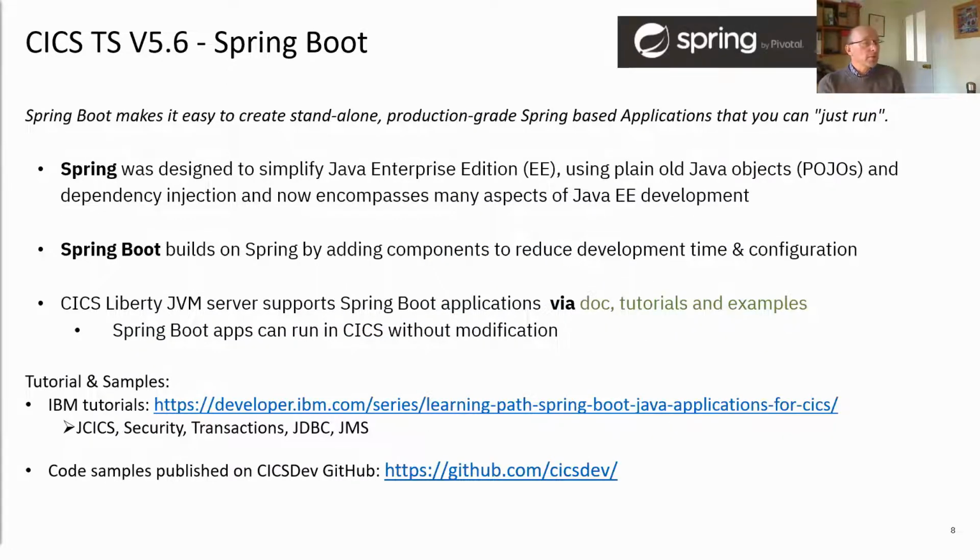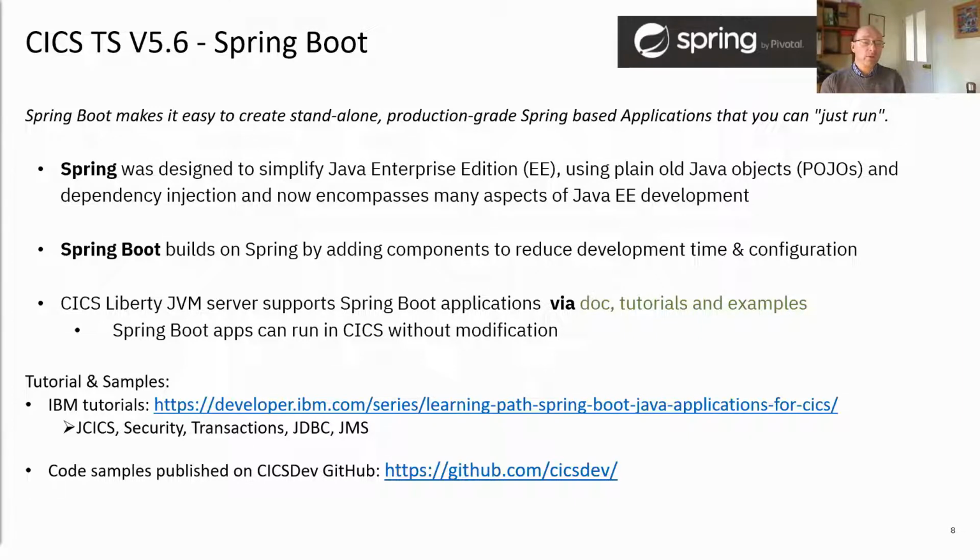So moving on to Spring Boot, which is the new kid on the block when it comes to frameworks. Spring was designed to simplify Java Enterprise Edition, really. It's centered around plain old Java objects, known as POJOs, and dependency injection, so using annotations to create the functionality you need. And it now encompasses just about most aspects of Java EE development.